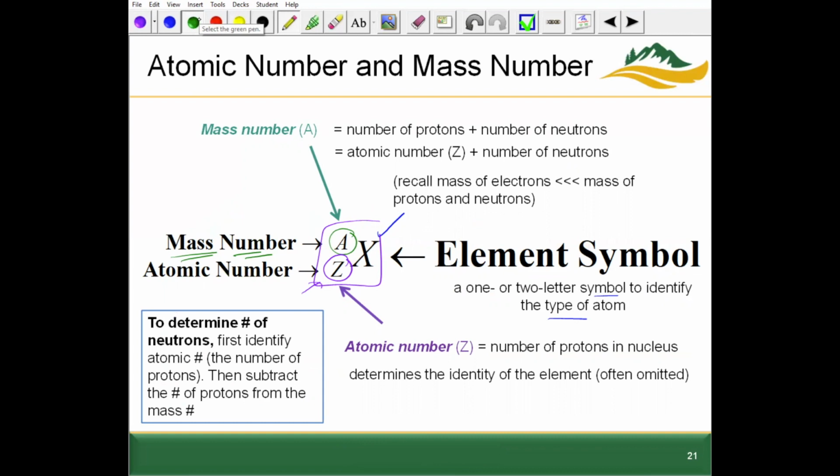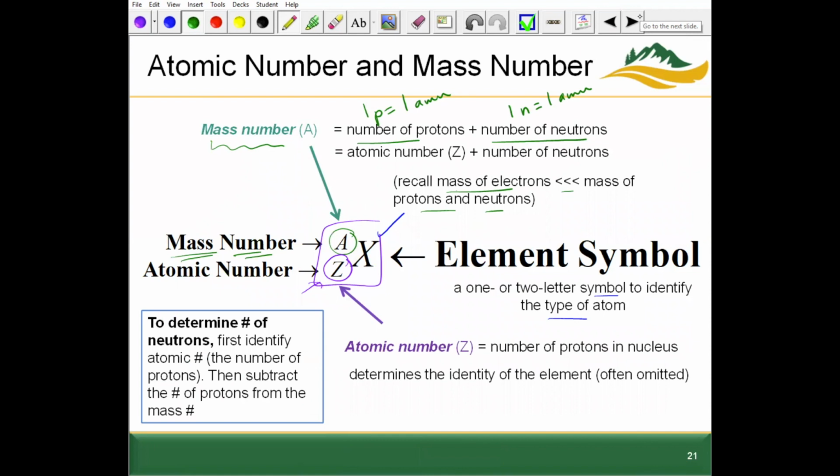So as we talked about for the mass number, the mass of the electrons is essentially negligible, right? Because the mass of electrons is so much lighter than the mass of protons and neutrons. So what is this mass number then? It's going to be just the number of protons and the number of neutrons added together, because 1 proton weighs 1 atomic mass unit and 1 neutron weighs 1 atomic mass unit.